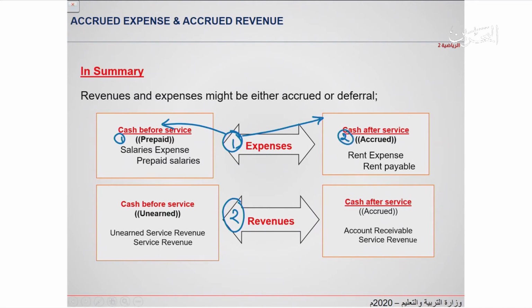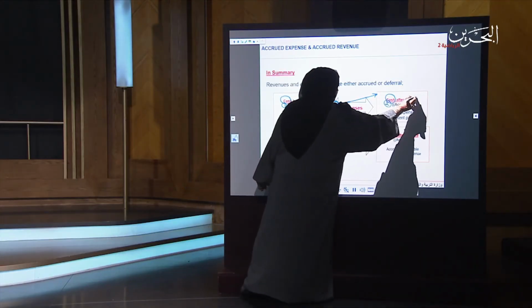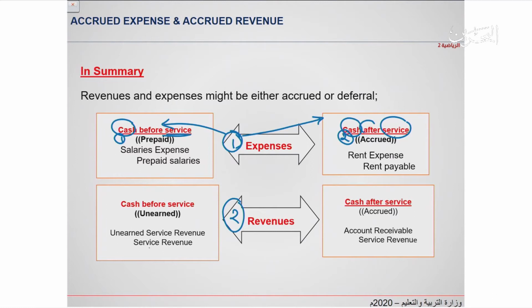What do you mean by prepaid? Prepaid means cash before service. Accrued, cash after service. How to put the prepaid in the general journal? This is the entry, salaries expense and prepaid salaries. For the accrued, I put in the debit side rent expense and rent payable in the credit side.